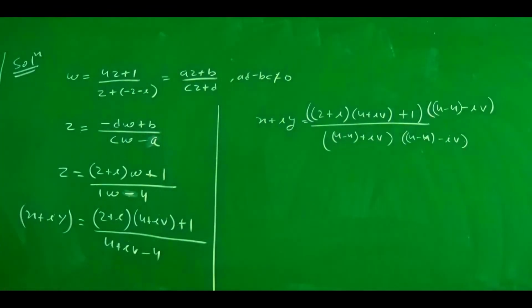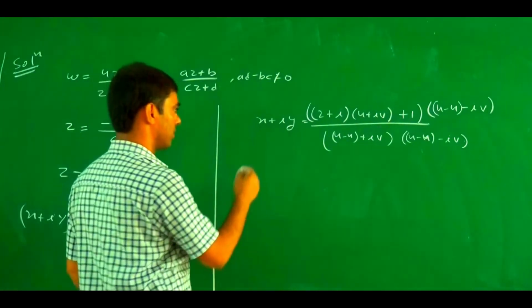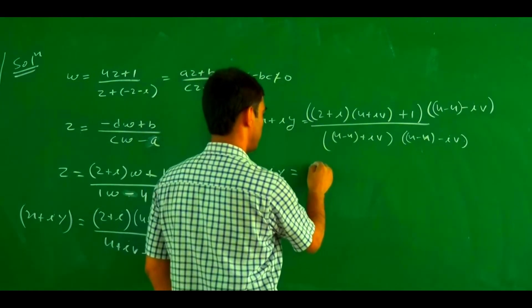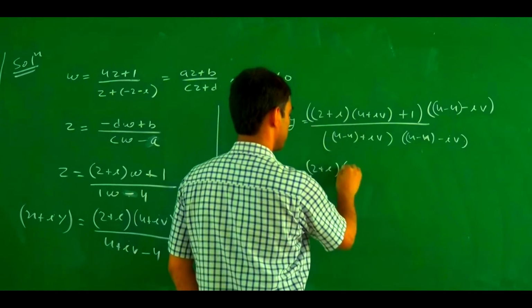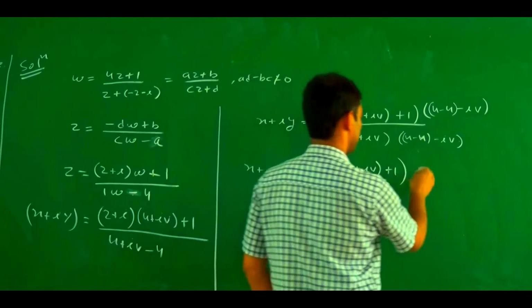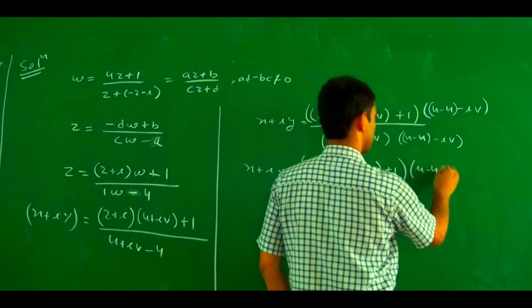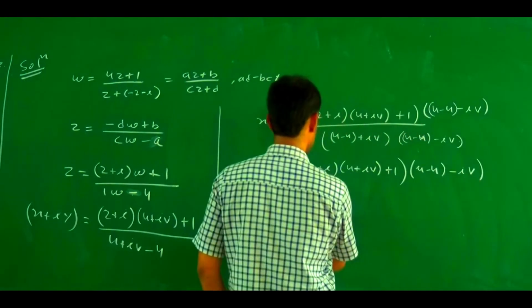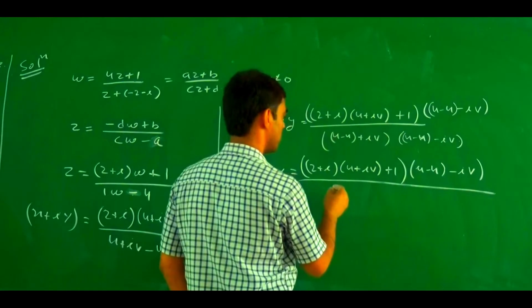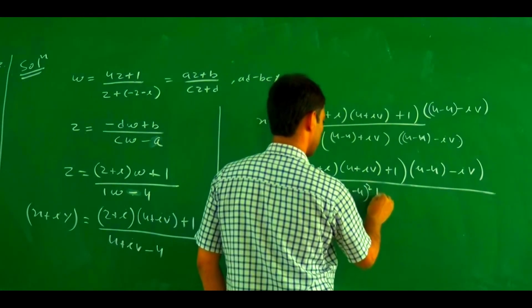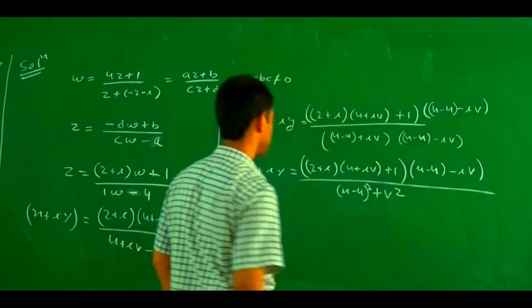If we write one more step, x plus iy equals (2 plus i)(u plus iv plus 1)(u minus 4 minus iv), and in the denominator (u minus 4) whole square plus v square.